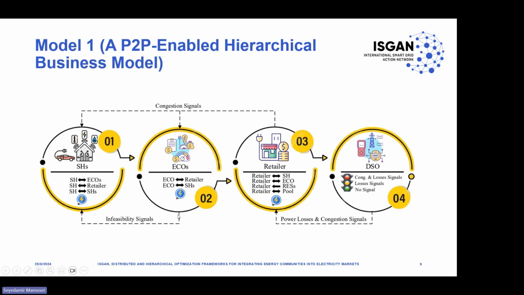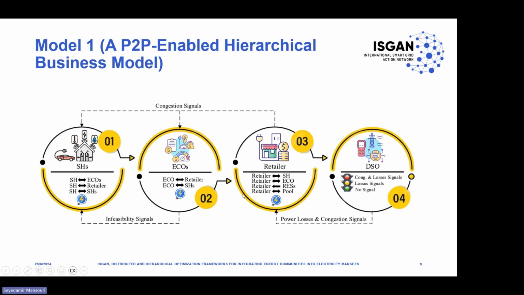At the second level, we have an energy community operator, which is responsible for coordinating community members and also has a private space and private loads like a pool and gym. This entity also has renewable energy resources and batteries and can participate in the market and exchange power bi-directionally with both smart homes and the retailer.